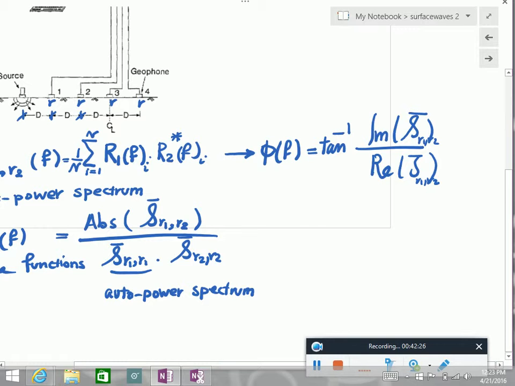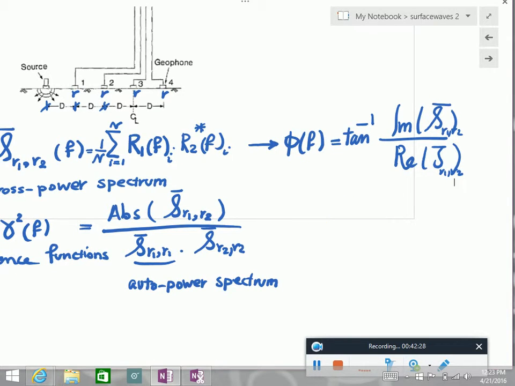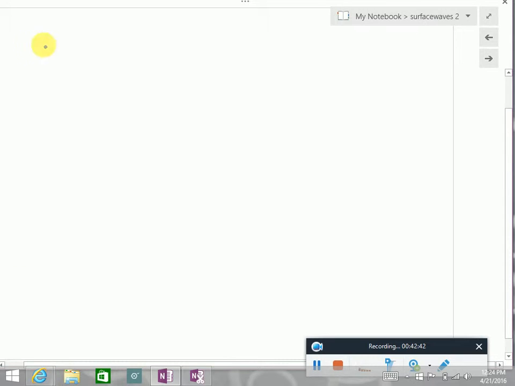So we are doing everything that you did in the time domain, only in the frequency domain. So then we have phase as a function of frequency. This part you have already done.